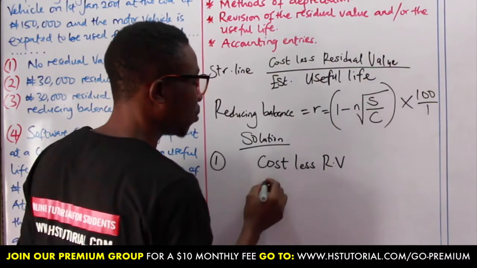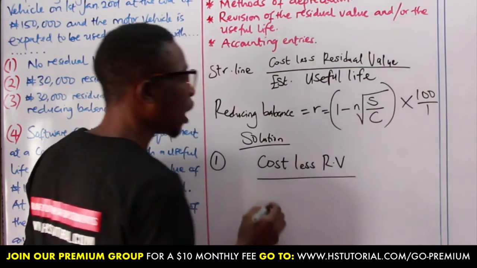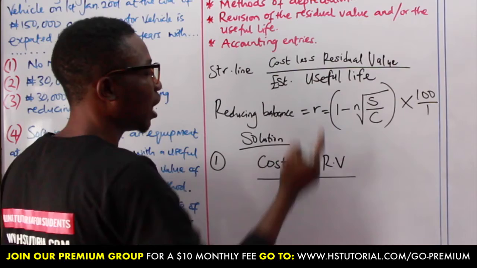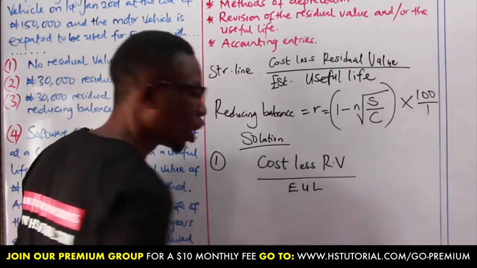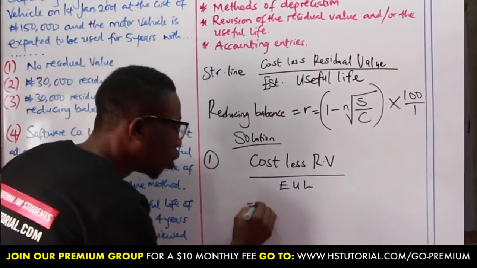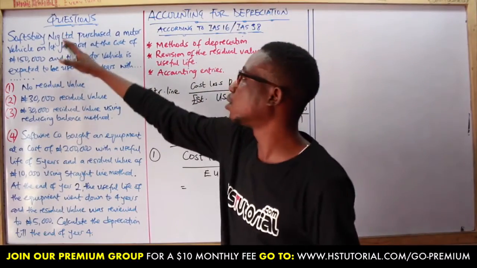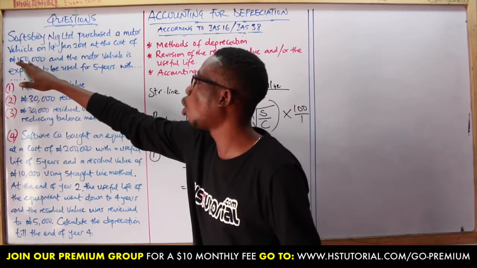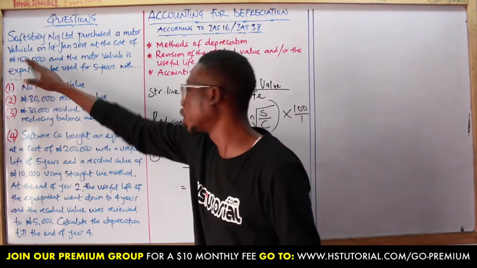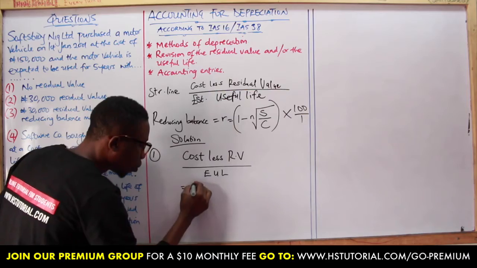I'm representing the residual value with RV and the estimated useful life with EUL. So now let's solve. What is the cost according to the question? They said Soft Study bought a motor vehicle for 150,000 naira. So the cost has to be what?